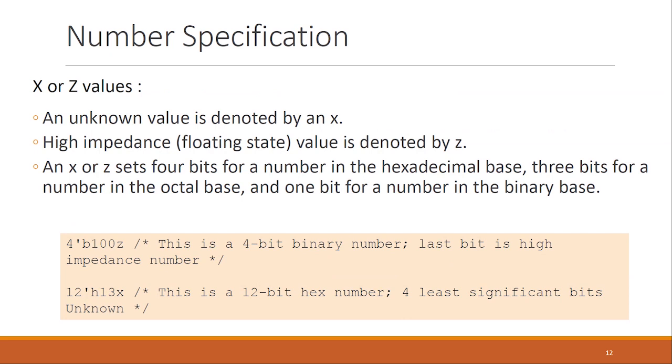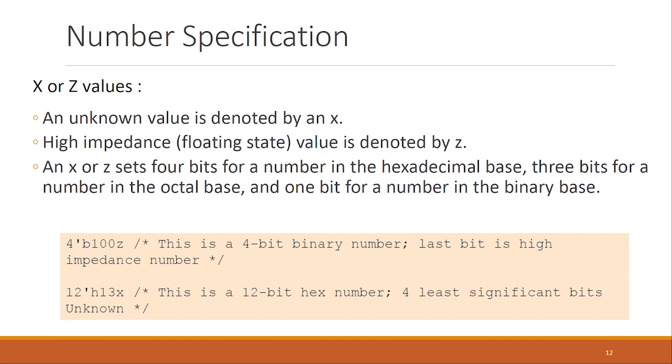And you can see X or Z values in Verilog. This also is not something that you see in software programming languages like C. Here, when it comes to electrical signals, they can sometimes be unknown.